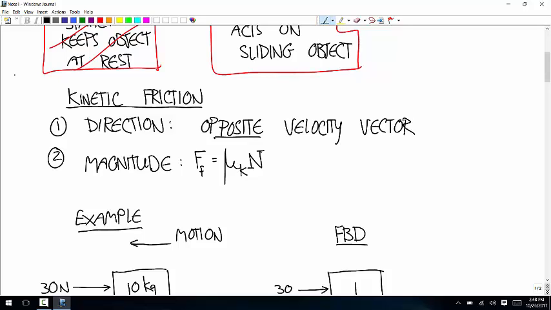So what units do you multiply times newtons to get newtons? Oh, it's kind of a trick question. Yeah, no units. So that means this coefficient has to be just a pure number. If it had units of meters, then meters times newtons would be equal to this, and this would have to have units of newton meters, and that doesn't make sense. So anyway, the coefficient of friction is just a number.